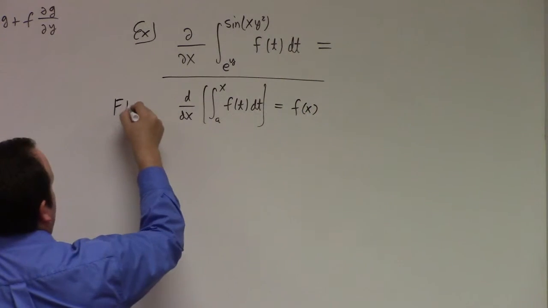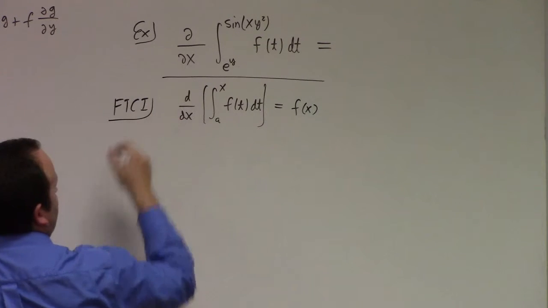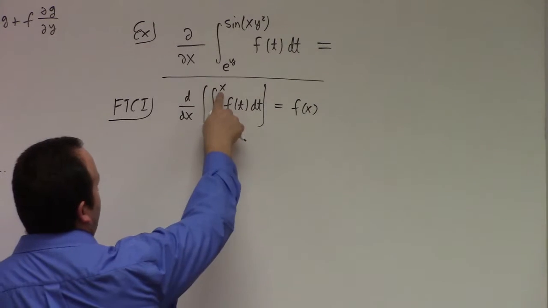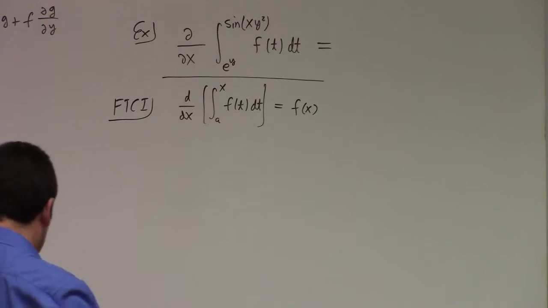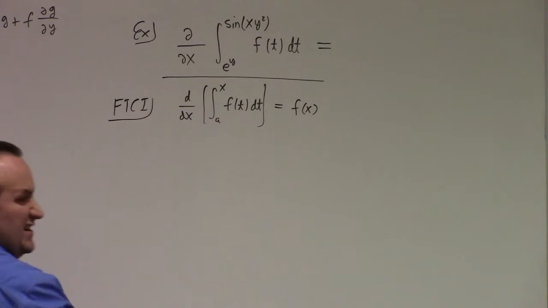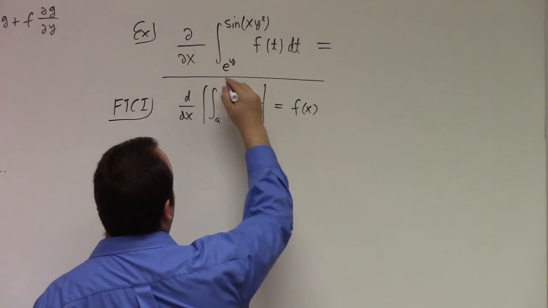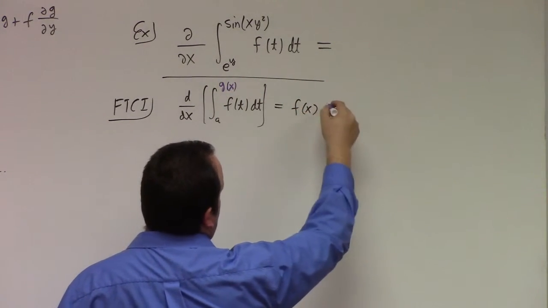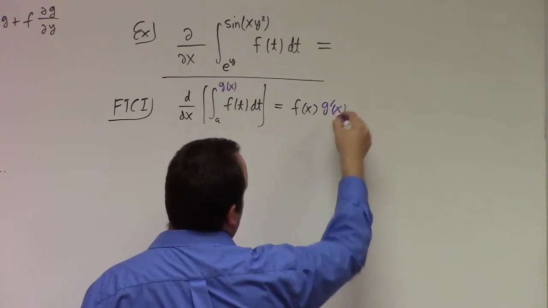That was FTC1. Now this is not quite that because I don't have an x upstairs. So basically I have to think of combining the fundamental theorem of calculus part 1 with the chain rule. If instead of having x up here in calculus 1, you have something else like, say, g of x, what happens? We get a g prime of x down here, actually.